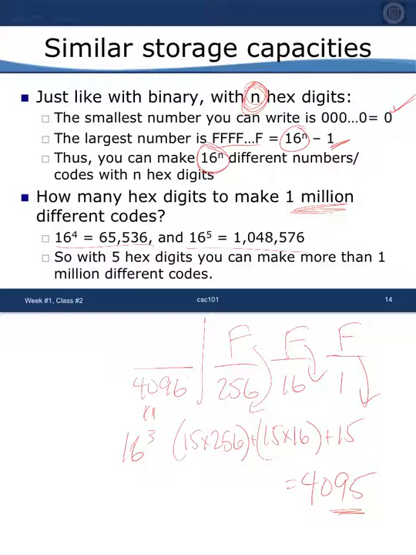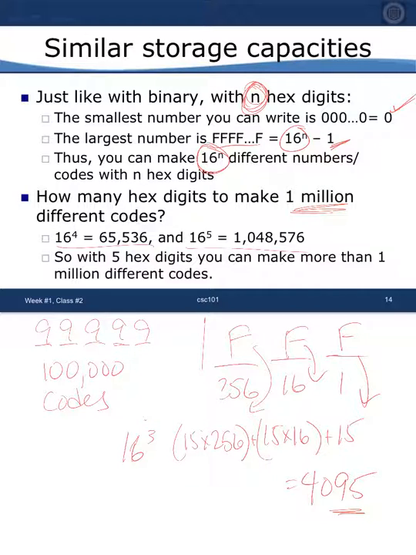And with 5 hex digits, you can actually make more than 1,000,000 different codes, which is kind of impressive, right? In our world, if I have 5 digits, I can make all the numbers 0 through 99,999. That's only 100,000 codes with 5 digits in our world.